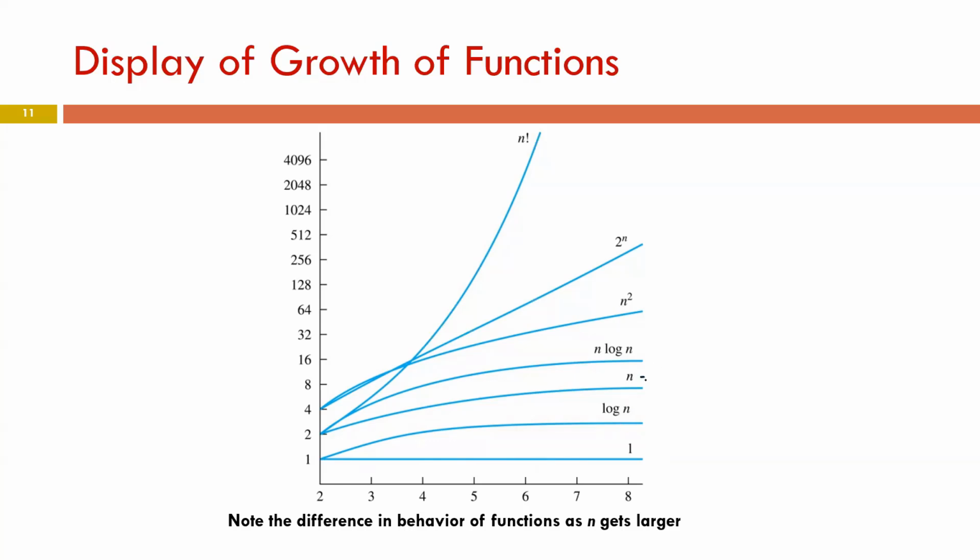Then n blows up faster than log n, and then any powers of n: n square, n cube. For example, this is time complexity, or the number of iterations. So the number of iterations grows fast. Here n factorial blows up faster than powers of n, than exponential values.